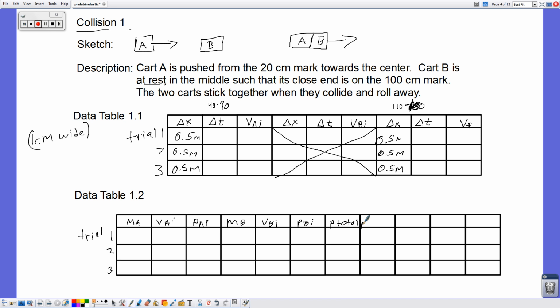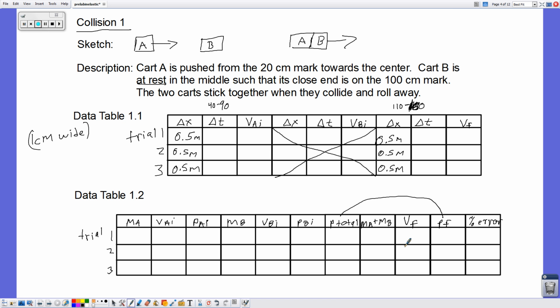Then we have MA plus MB, the total mass after the crash. The final velocity after the crash. And the final momentum after the crash. And then percent error. You're going to be doing a percent error between this and this.